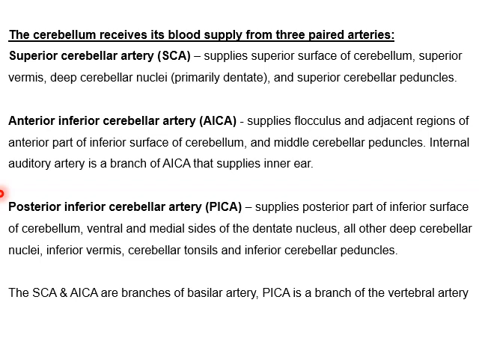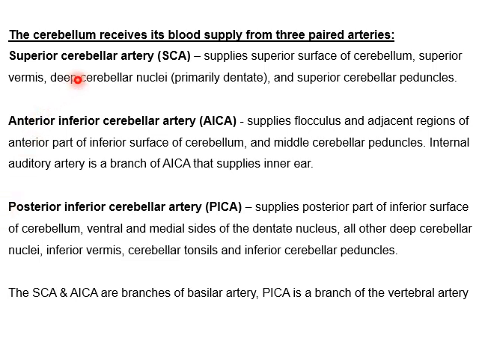The posterior inferior cerebellar artery supplies the posterior part of the inferior surface of the cerebellum, from its name. In addition, it supplies the ventral and medial sides of the dentate nucleus. So the dentate nucleus, because it is a very large nucleus, as you have seen in the previous slides, receives dual blood supply.